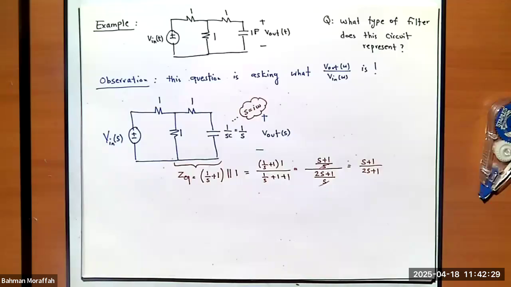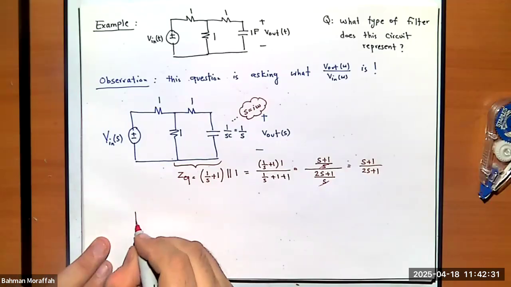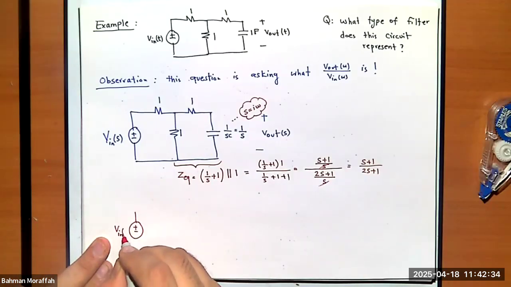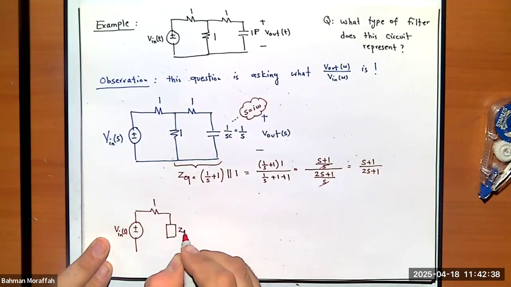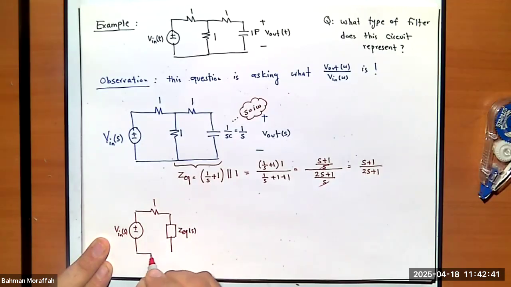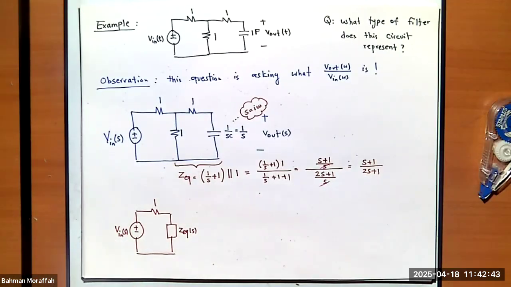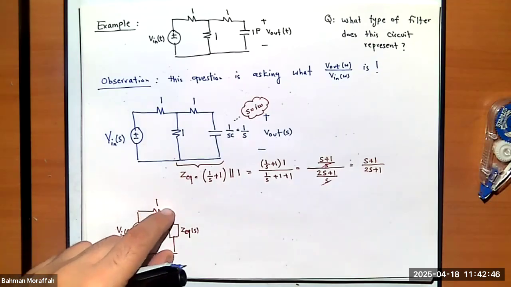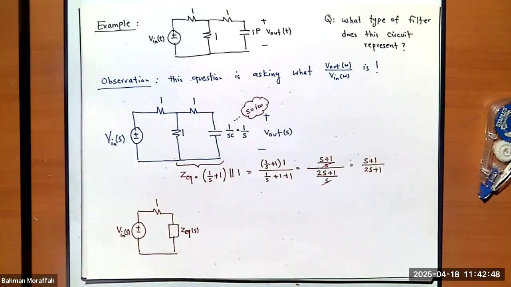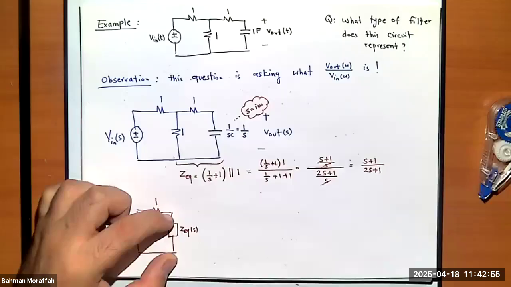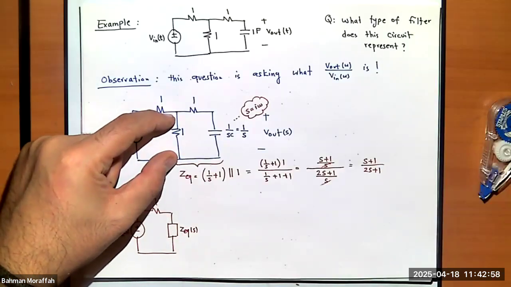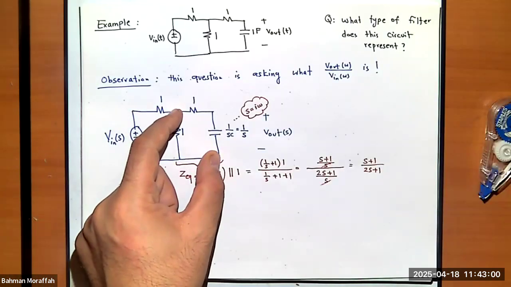So what does my circuit look like then? I have this V in of S. I have this Z equivalent of S. Right? Do you agree I can find the voltage across this Z equivalent of S? How do I do this? I use a voltage divider. As soon as I have the voltage across this Z equivalent, I know the voltage across this combination. Yes?